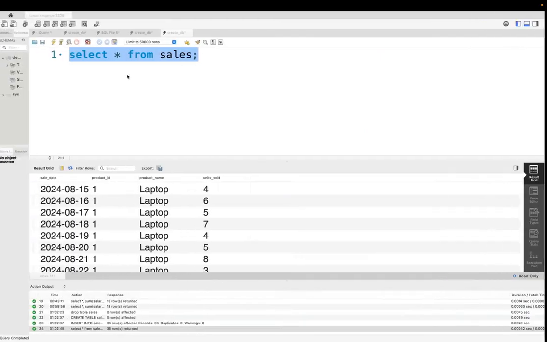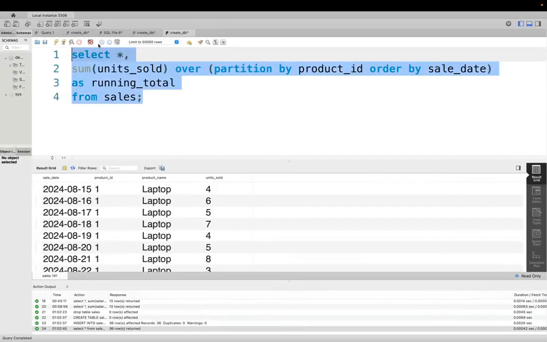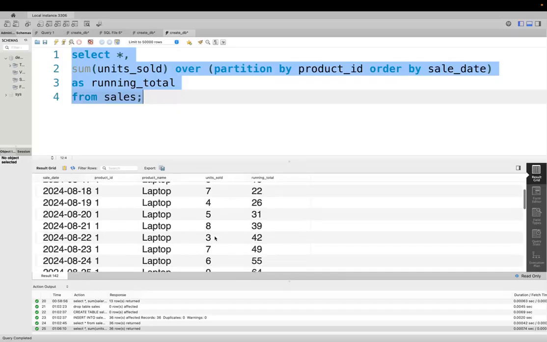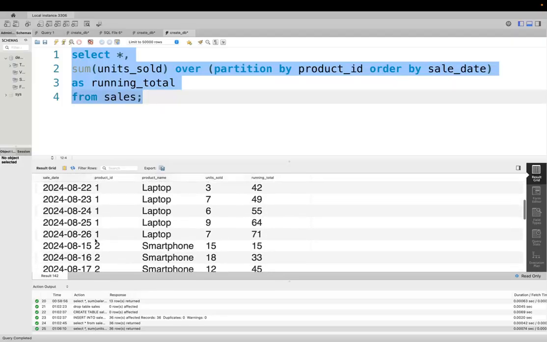Now, if I run this, let's see. So you can see this product ID 1, that means laptop. Till 15th, I have sold 4 quantities. Till 16th, I have sold 10 quantities. Till 17th, I have sold 15 quantities. Till 22nd, I have sold 42 laptops. Till 26th, I have sold 71 laptops.